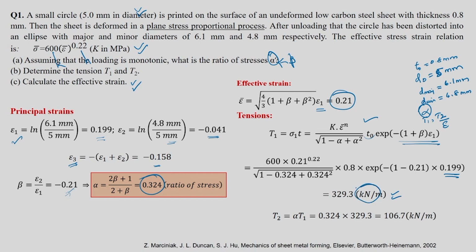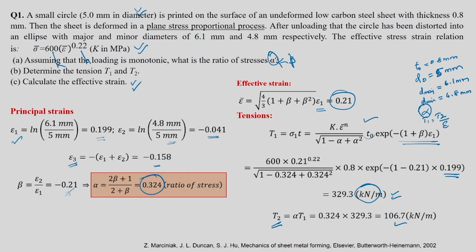Please check the units; they have to be used consistently. T2 you can obtain by alpha into T1. Alpha is already known, 0.324 into T1, which is just about one third of this, so it will be 106.7 kilonewton per meter.